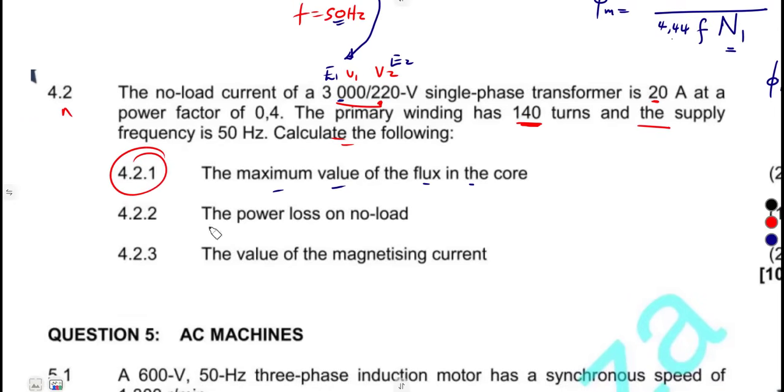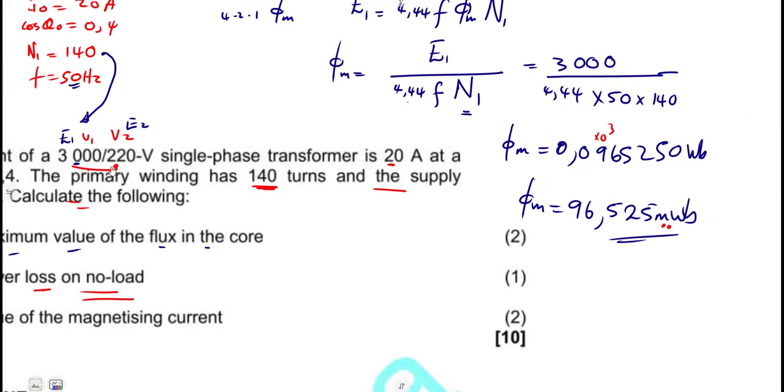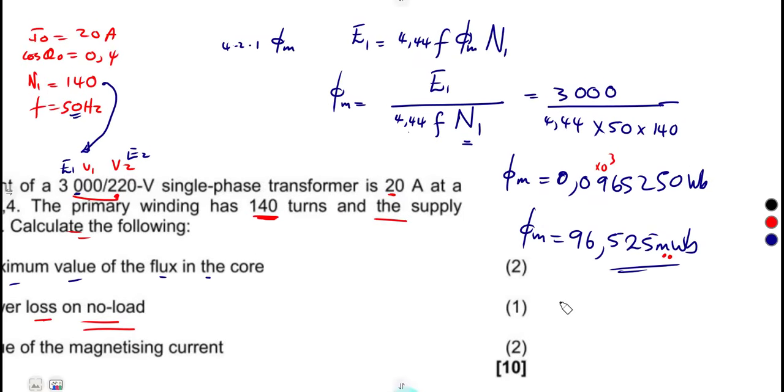Then the power loss on no load. So on no load, we have the voltage, remember V1, and the no load current, the power factor at no load, everything is given. So this was direct power at no load. You're just going to use V1, the no load current, and the power factor at no load. So V1, 3,000, times the no load current, 20 amperes, the no load power factor 0,4 as we are given.